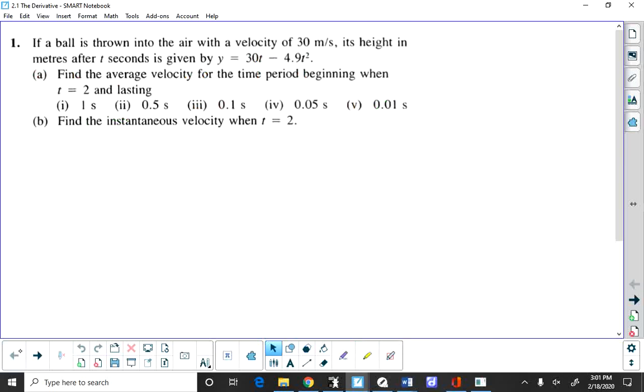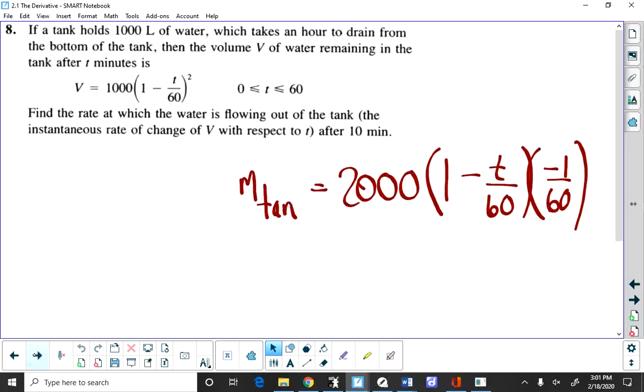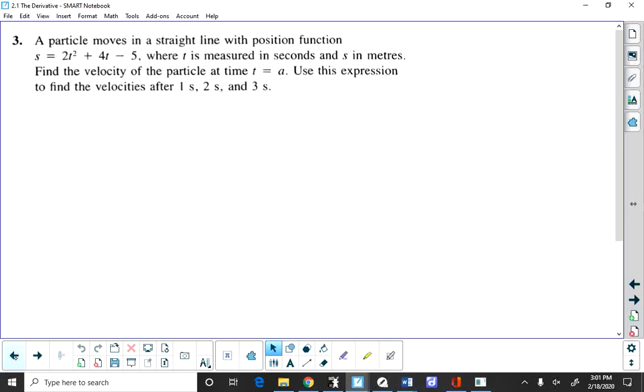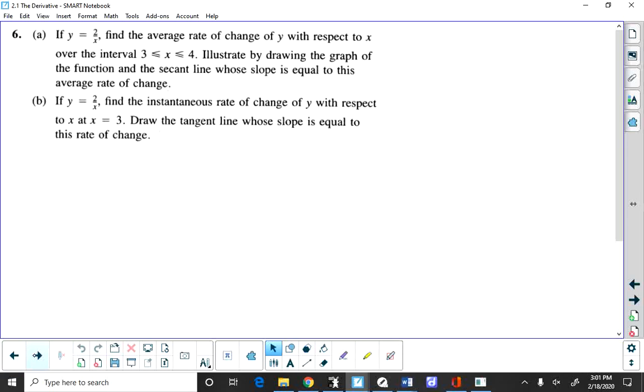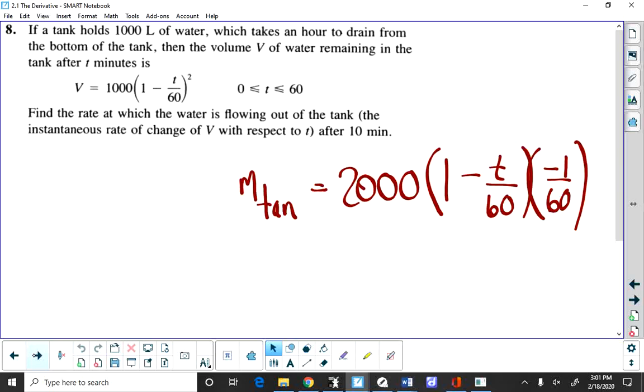What are the numbers? Caden, can you read the numbers off for me? Just the numbers. 1, 2, 3, 6, 7, and 8.